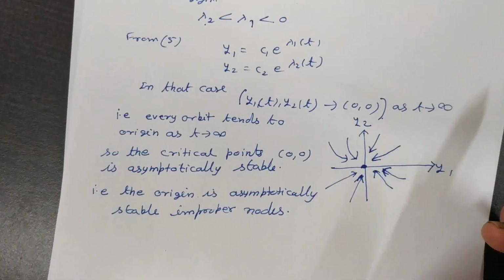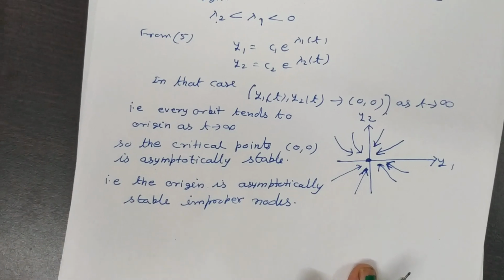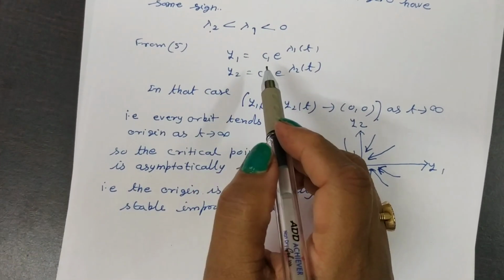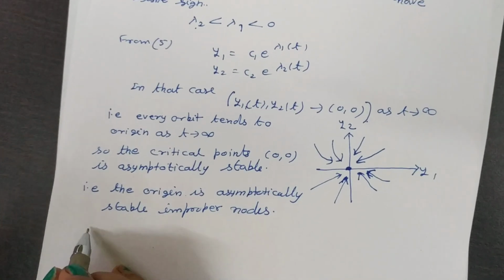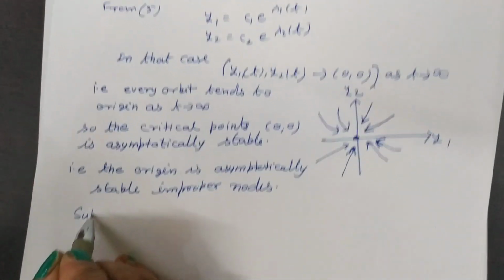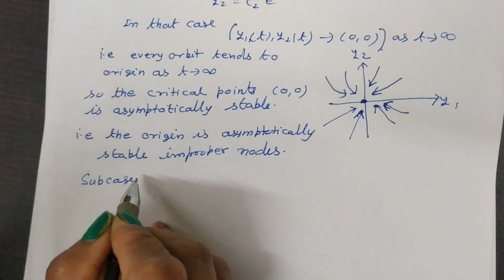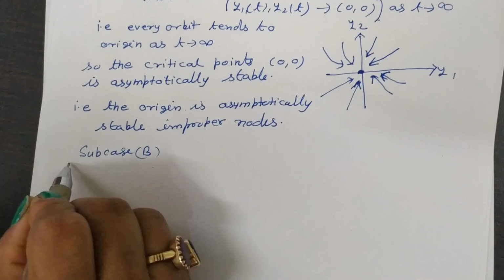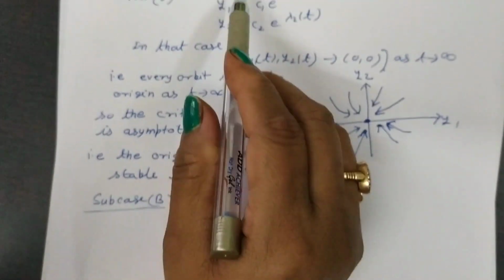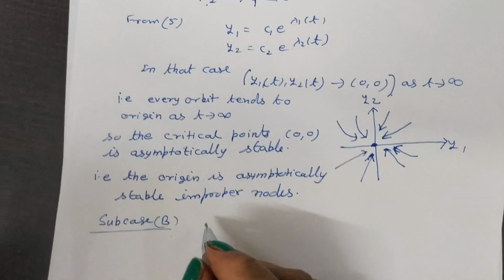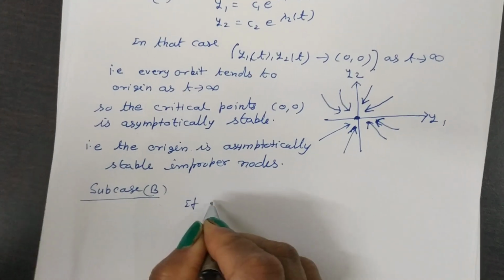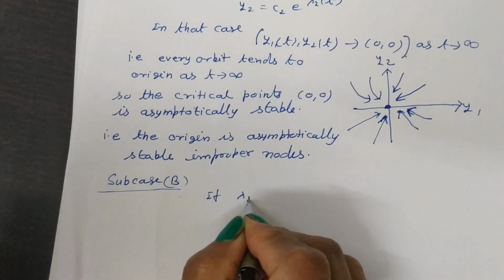That is from the determinant of the matrix, if you get the roots like that. Now the next case, the subcase B, is if both roots are positive.